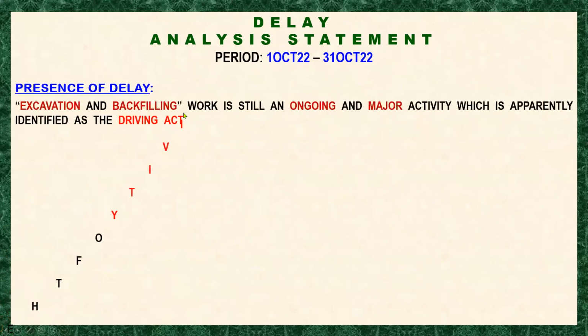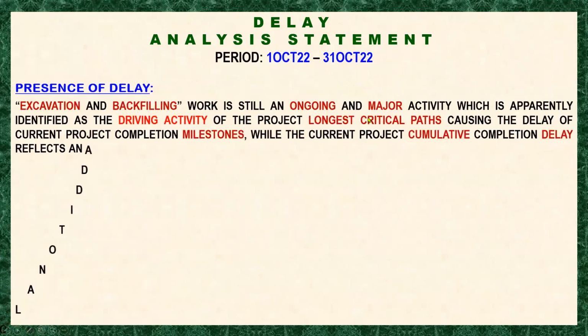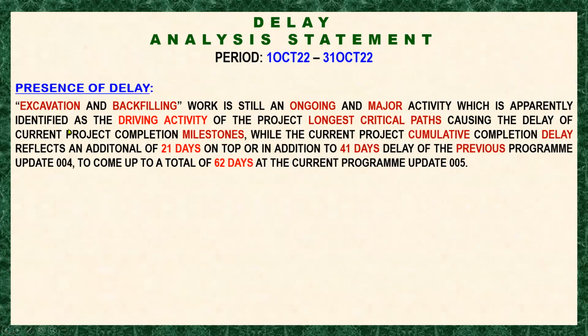Okay, delay analysis statement for the period 1 October to 31 October 2022. So the presence of delay: excavation and backfilling work is still ongoing, and the major activity is apparently identified as the driving activity of the project's longest critical path, causing the delay of the current project completion milestones.